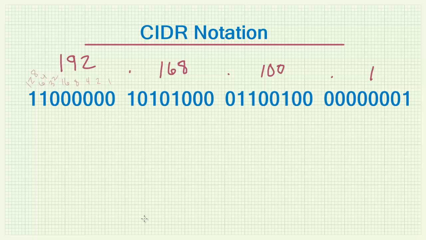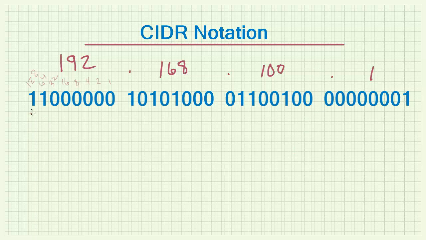So if we're dealing with classful addressing, and we still are here in this example, we learned in our previous presentations that the IP address itself is really all we need in the classful world, because we can examine the first 3 bits of the first octet and determine whether we're dealing with a Class A address, a Class B address, or a Class C address. And depending on which one we have, we know that the dividing line between network number and host number will occur either between the first and second, between the second and third, or between the third and fourth octets.